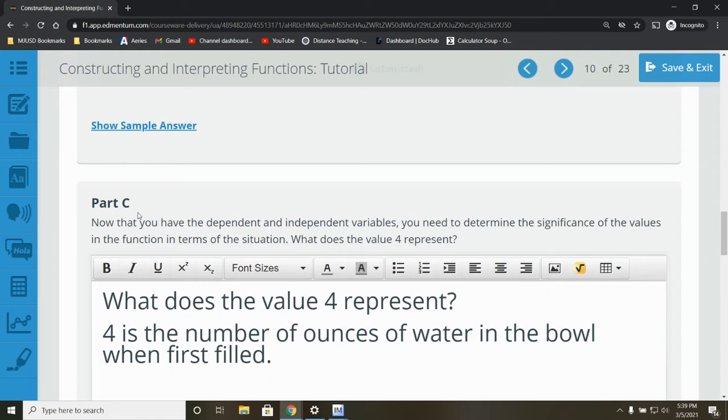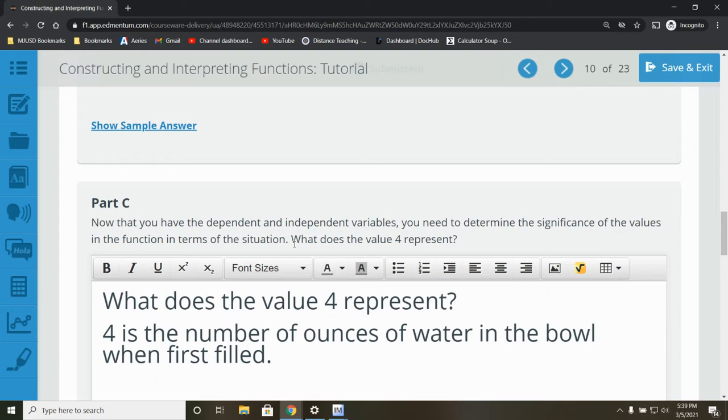Part C. Now that you have the dependent and independent variables, you need to determine the significance of the values in the function in terms of the situation. What does that mean?